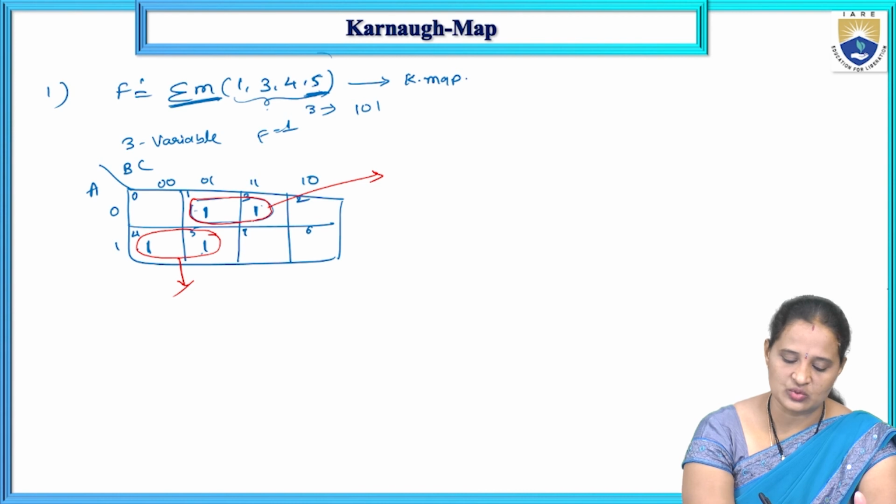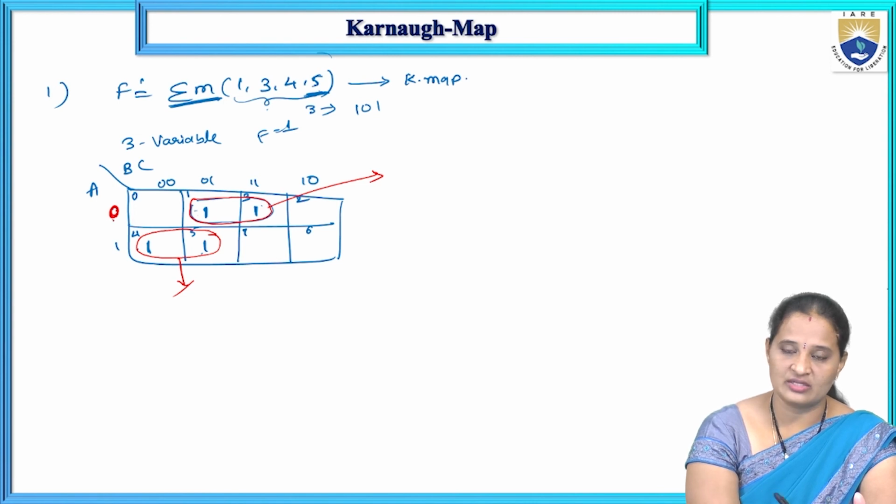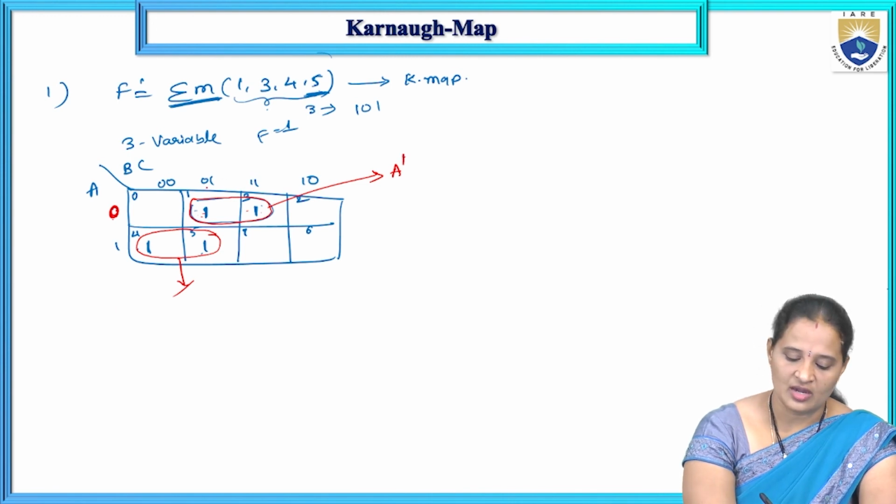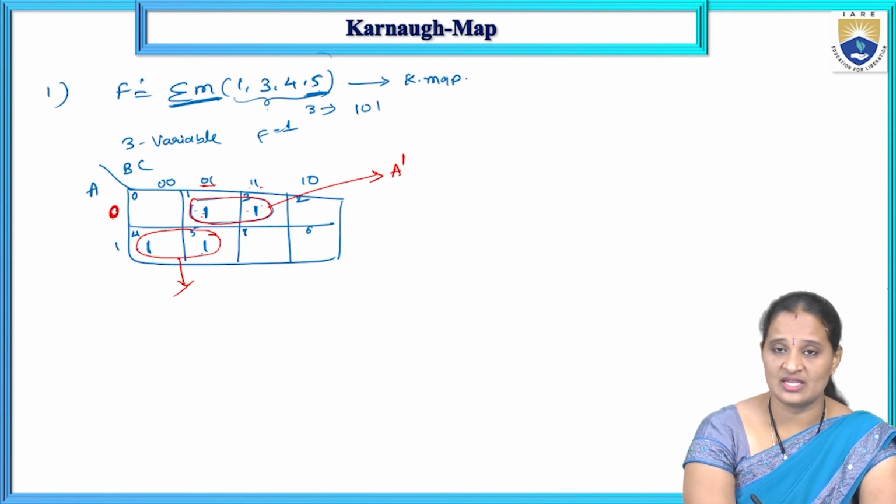For these 2 cells, I can see that a value is common. For this entire row, a value is 0. So this group is formed by this row. As a value is 0, I have to consider a in complement form. Now let us consider for this cell b value is 0, c value is 1, whereas for this cell b value is 1, c value is 1.